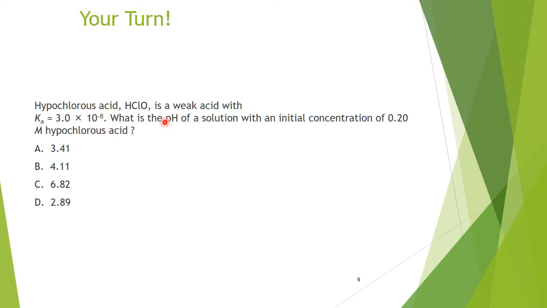In the last problem you were given pH and initial concentration, and you could figure out Ka. In this one, you're going to be using Ka and the initial concentration to figure out pH. When you set up the table, hopefully you'll see how it works.